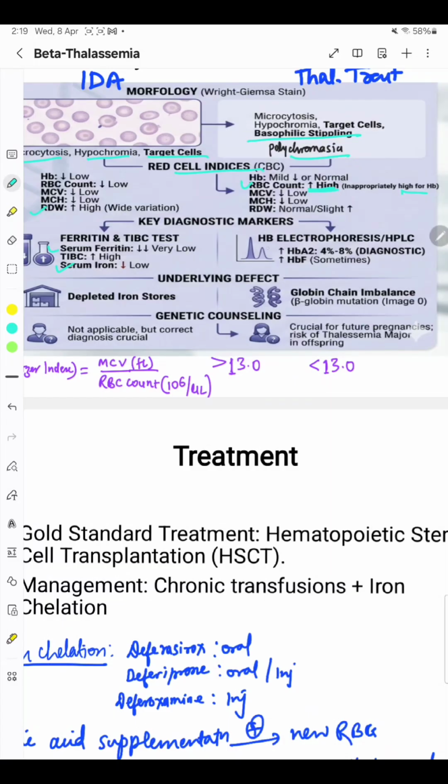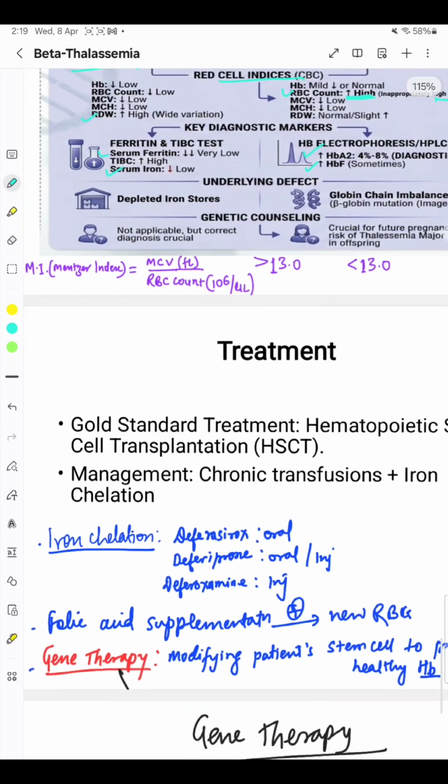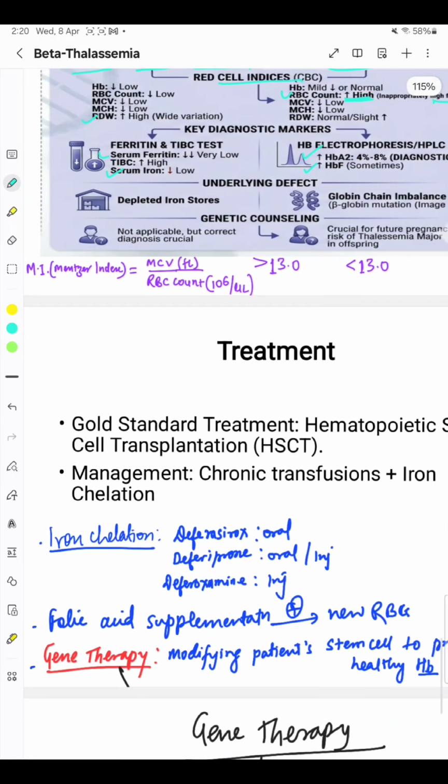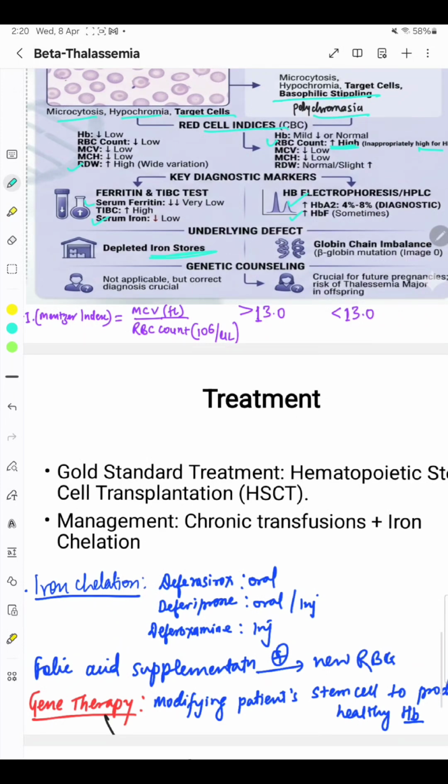On electrophoresis, thalassemia clearly shows which type of thalassemia it is, whether minor, intermediate or major. There are peculiar HPLC findings like increased HbA2 or HbF. The main cause in iron deficiency anemia is depletion of iron, or decreased iron.